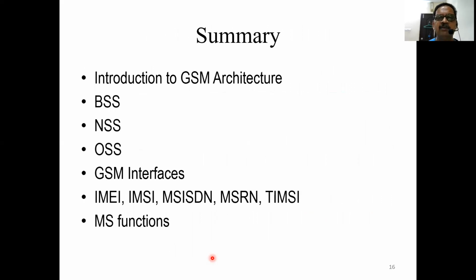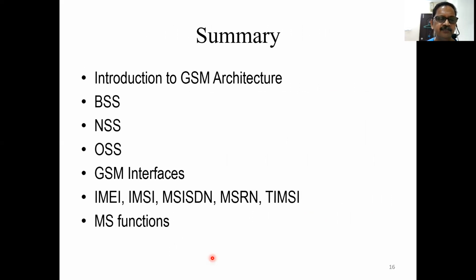Then we will sum up what we have discussed here. In this session, we have discussed the introduction to GSM architecture. We have studied a little bit about the base station subsystem, network subsystem, then the operations and support subsystem.